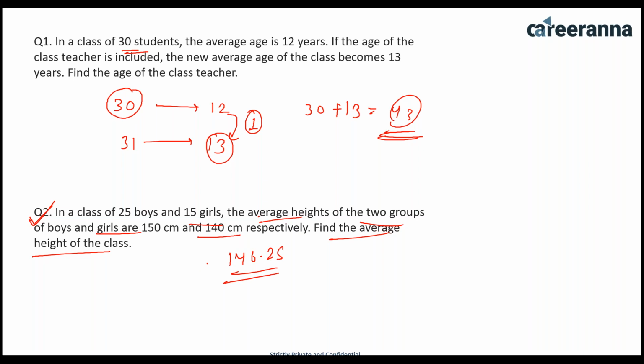Guys, have you seen the video of mixtures and alligation? Vikas, you can do it. If there were 30 people, you can easily do it. Okay. Yes, Vikas, we can do it. You just type the question and post it in the group in which you are added, and we will solve it there.